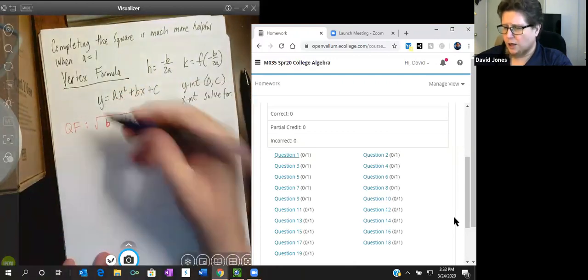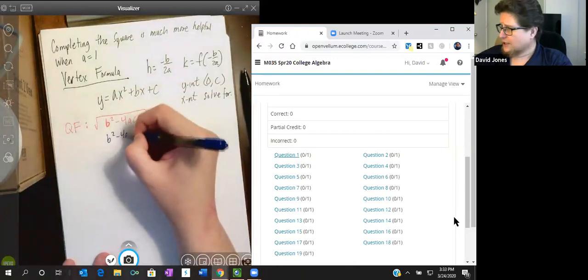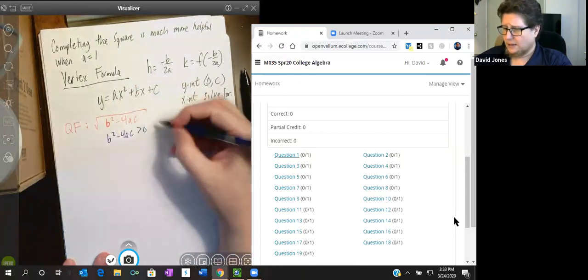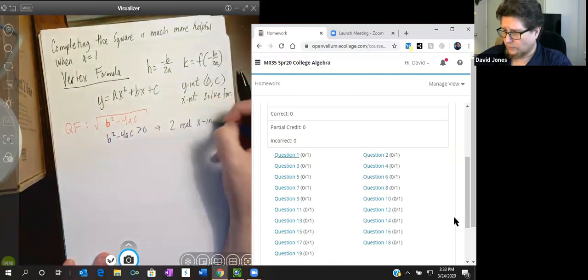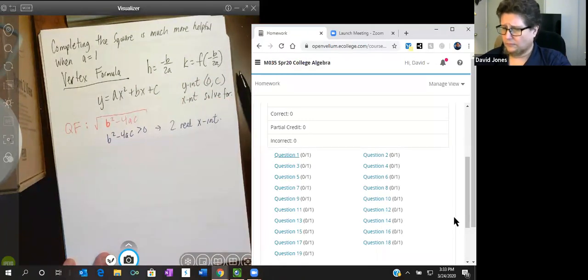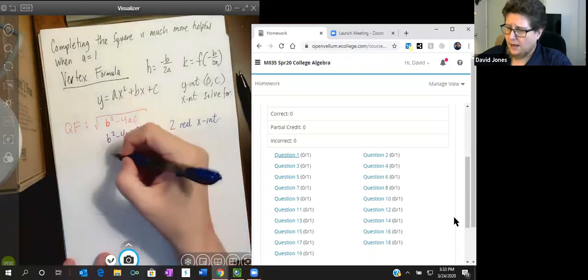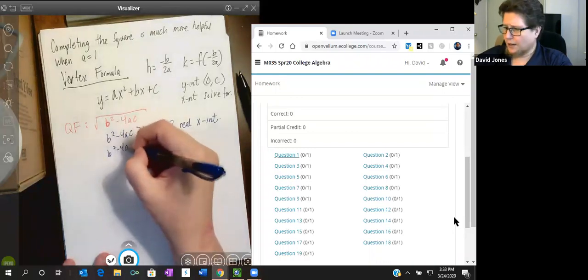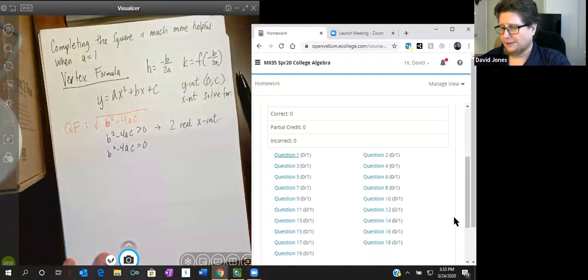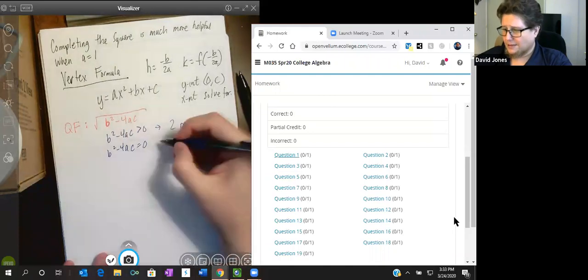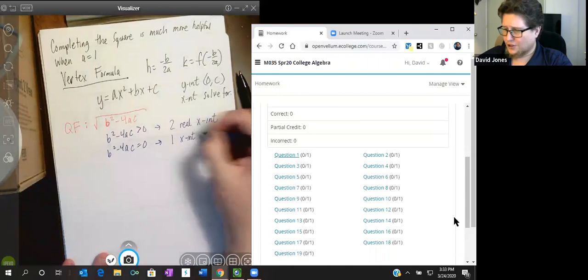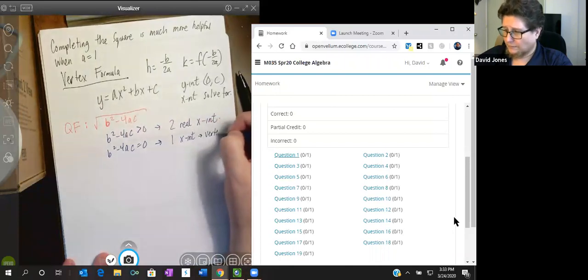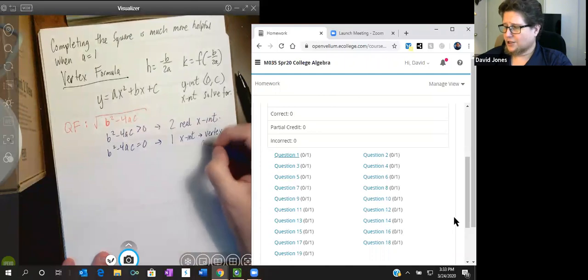So if b squared minus 4ac is greater than 0, you have two real x-intercepts. If b squared minus 4ac equals 0, you only have one x-intercept, and it's your vertex, h comma 0.